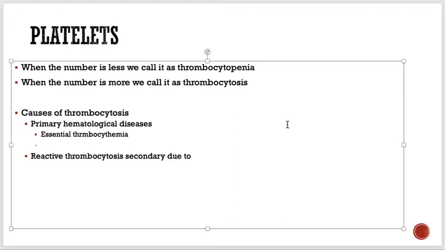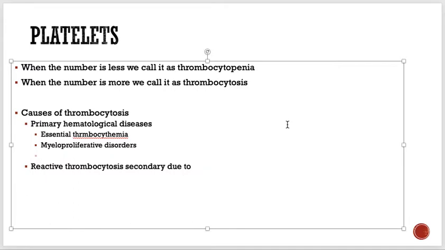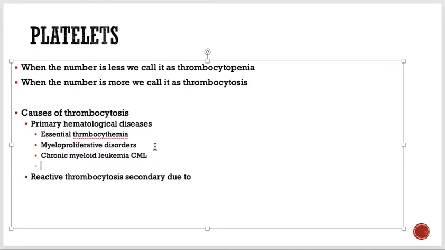There could also be myeloproliferative disorders, and it could be a type of leukemia, a blood cancer, called chronic myeloid leukemia. Now see, the myeloid cell line is the one which gave rise to the platelets as well. So in chronic myeloid leukemia, also called CML, the platelets will be too much in number, with dysplasia. These are the conditions in which the platelets will be increased in the blood.